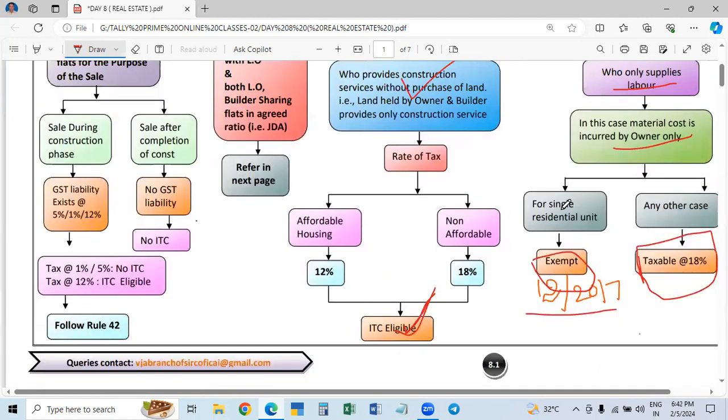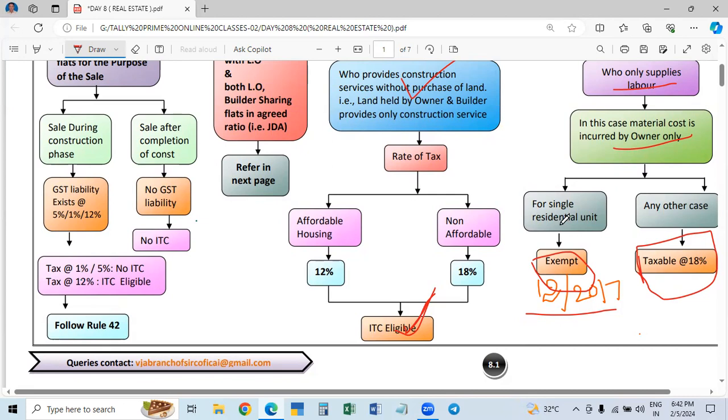And what is meant by single residential? I told you, one duplex house is single. Sometimes I will ask him to build a house that will have 3 floors. One floor I will stay on, another floor my children will stay on, and another floor I will use for guests, or I will rent it out.